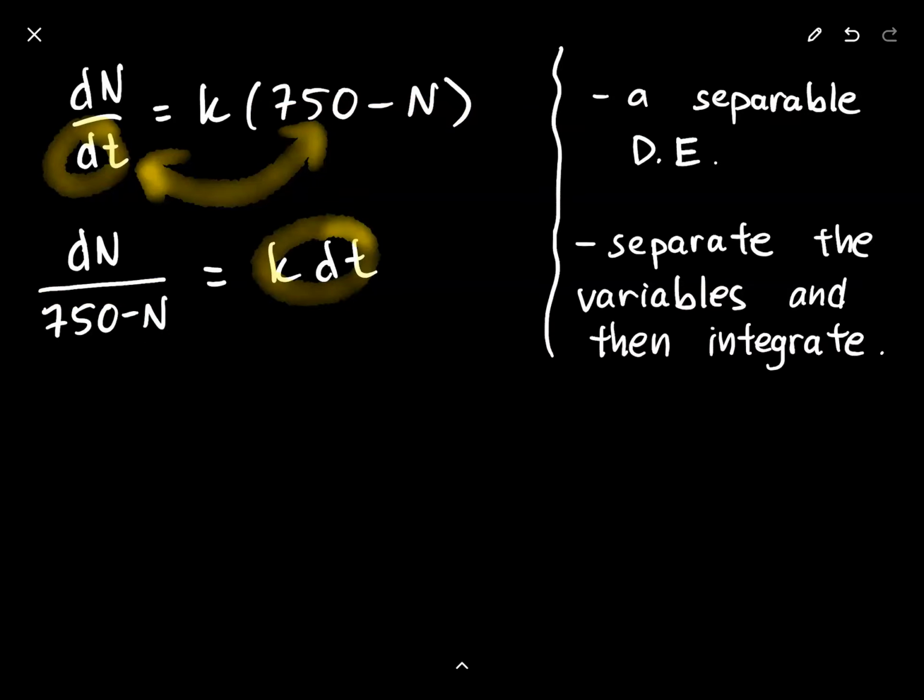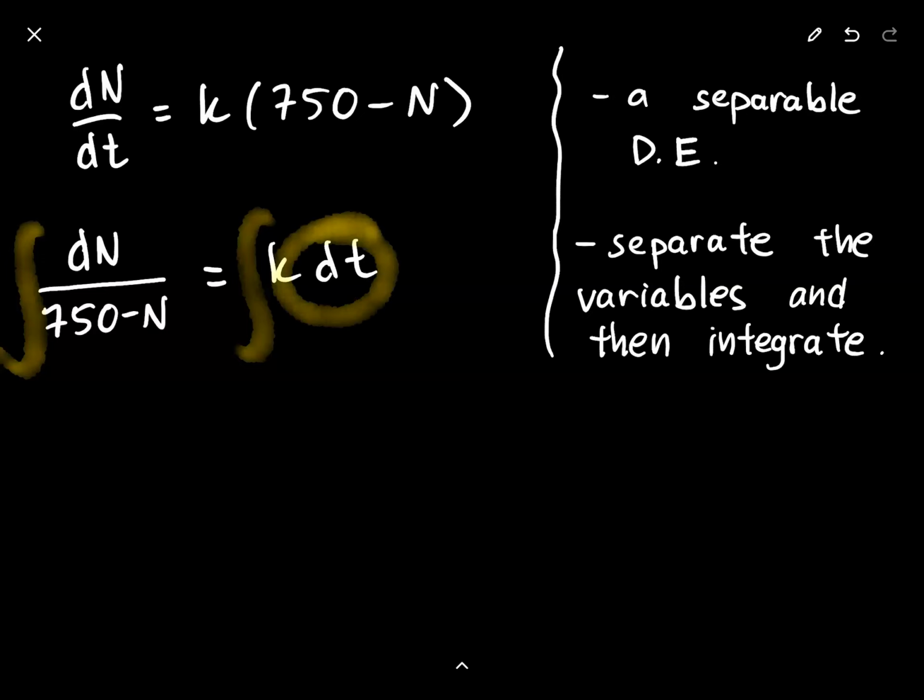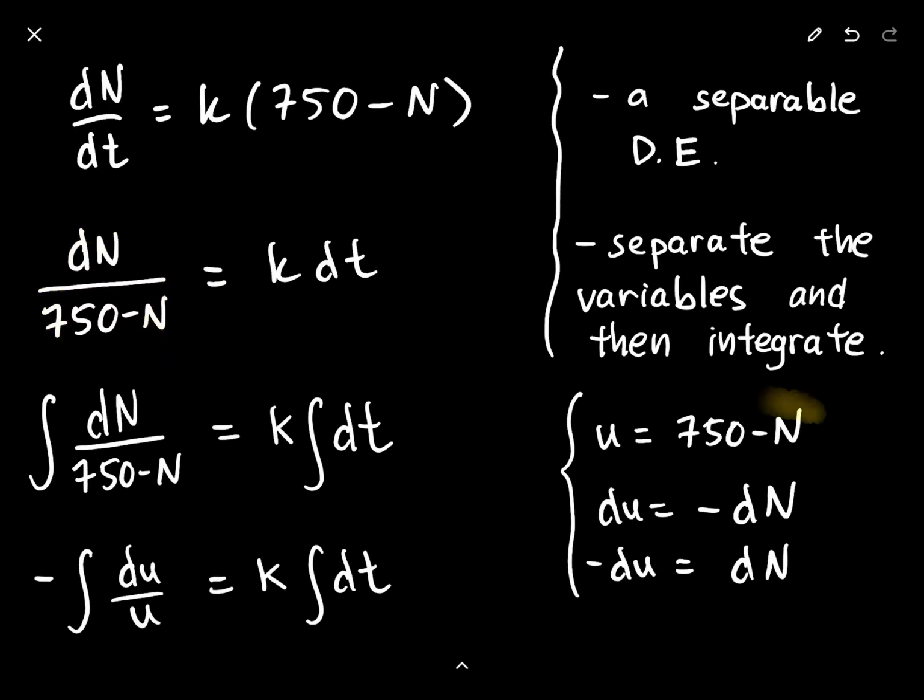The integral on the right is a basic integral since k is just a constant, and for the integral on the left we'll use u substitution. So here we'll set u to be 750 minus n, then du will be negative dn. So we will replace dn with minus du, and 750 minus n we'll replace with u.